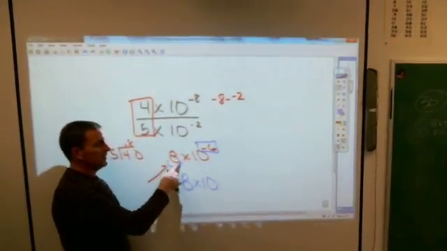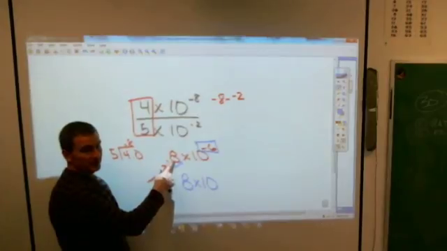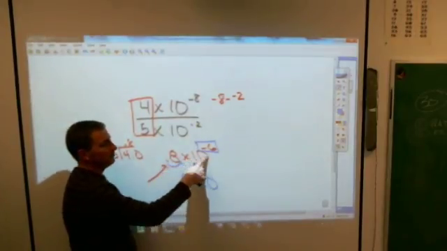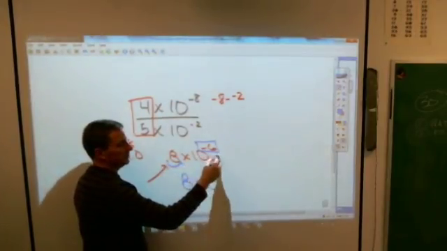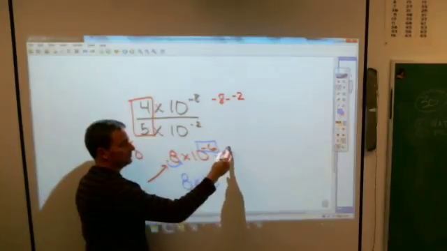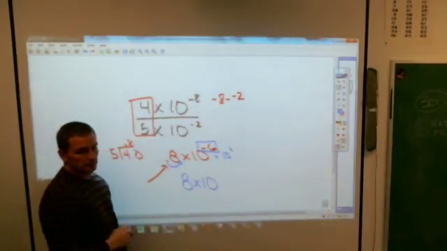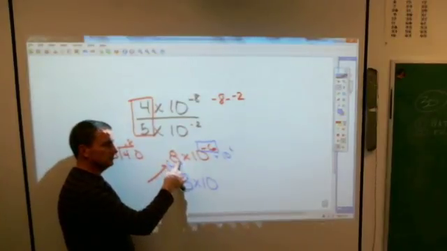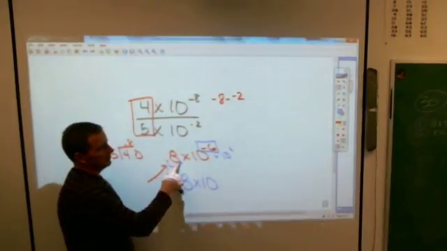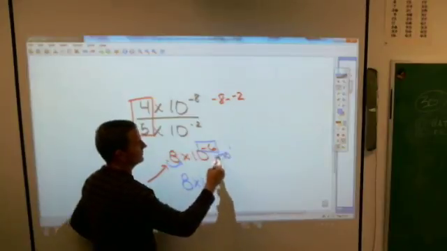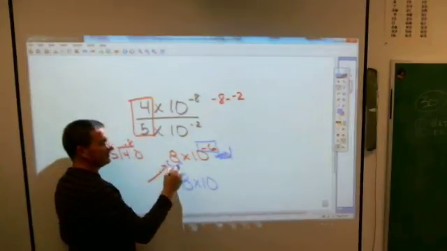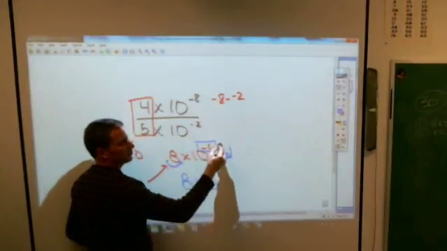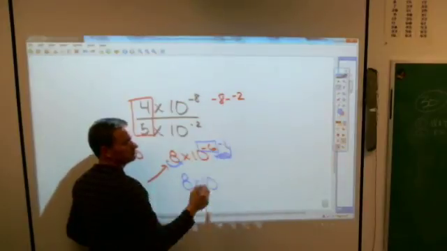To move this decimal, I actually multiplied this by 10, right? Well, if I multiply this by 10, I actually multiply it by 10 to the first power. Wait, is that right? No, I think I have to go opposite. Sorry. If you make this one bigger, you have to make this one smaller.